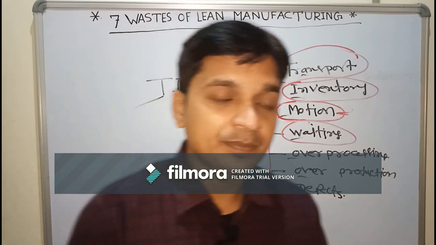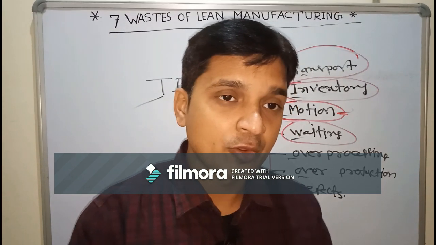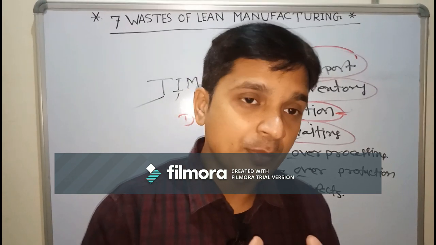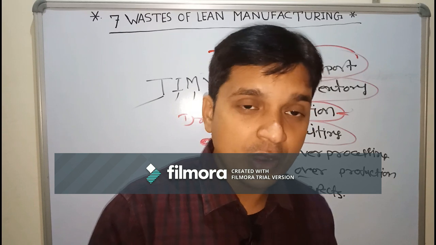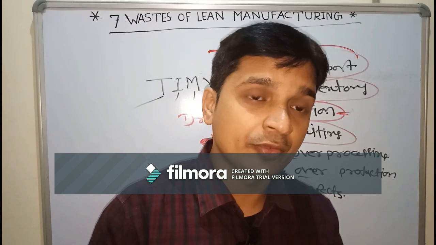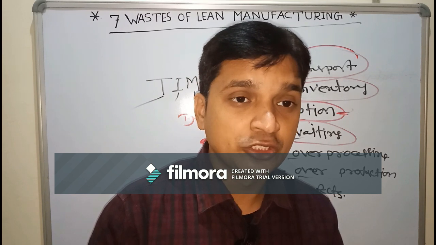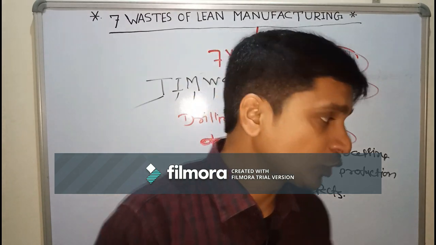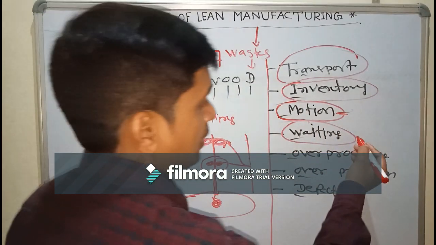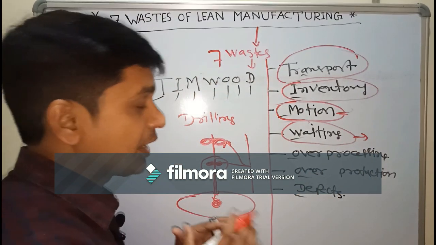For example, if you are waiting for a supplier to send materials and do not get them at the right time, that is a wastage called waiting. In lean manufacturing, just in time, waiting is not needed. In a pull system, waiting is zero, which is very important.